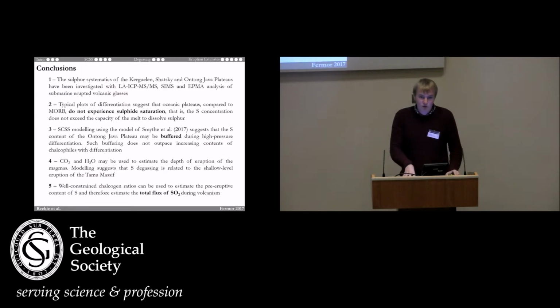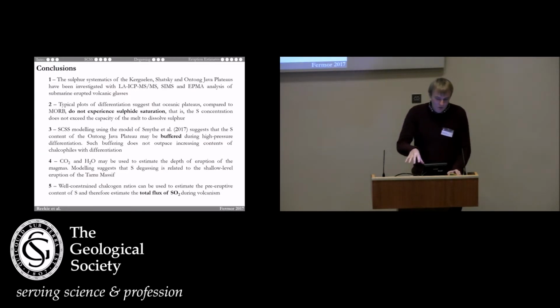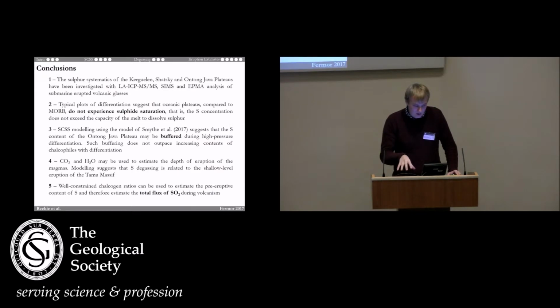What we see in these oceanic plateau basalts is that although we don't typically think of it in terms of a binary, sulfide undersaturated or sulfide saturated, we would typically assign these oceanic plateau basalts as sulfide undersaturated because of their chalcophile element systematics. But what we appear to have is a sort of cryptic, almost sulfide buffer that's buffering the sulfur contents, and we can see that when we plot it up relative to its sulfur content at sulfide saturation.